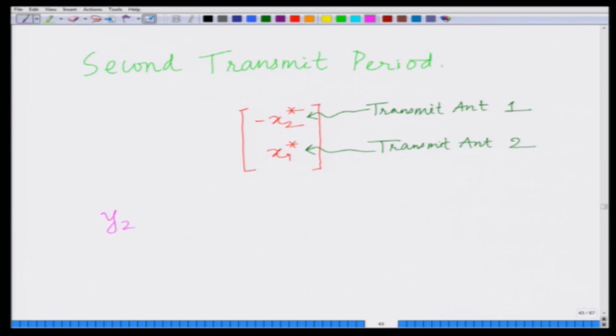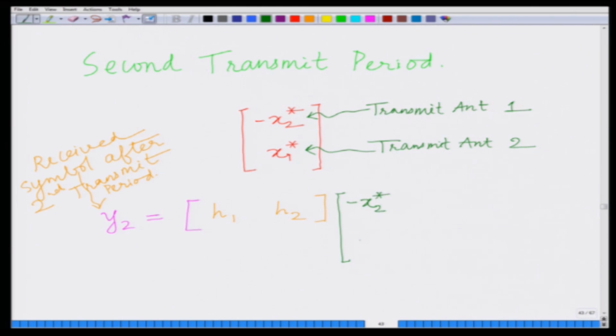Therefore, at the receiver, y2 is the received symbol after the second transmit period, equal to [h1 h2] times [minus x2 conjugate, x1 conjugate]^T plus w2.